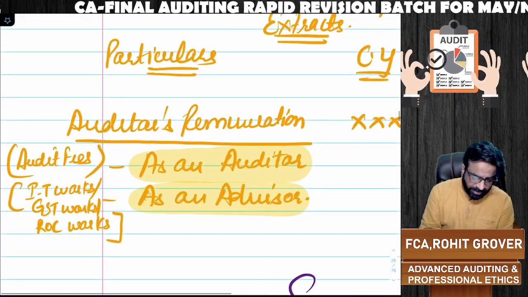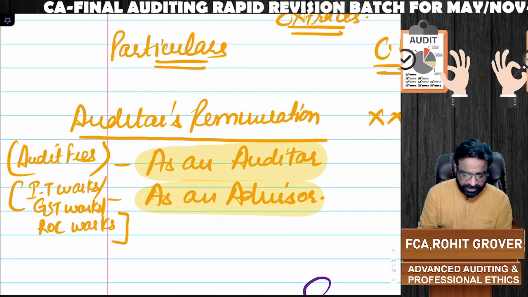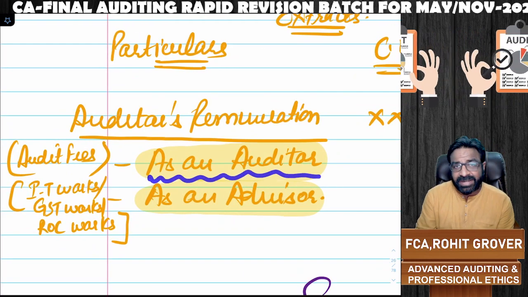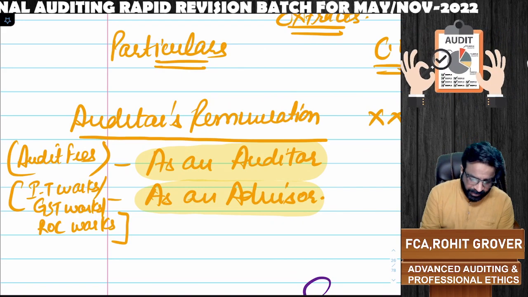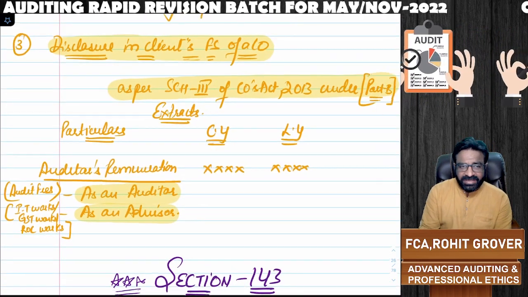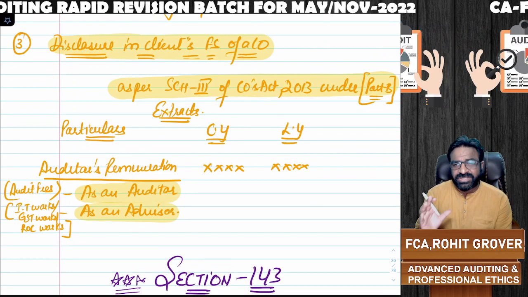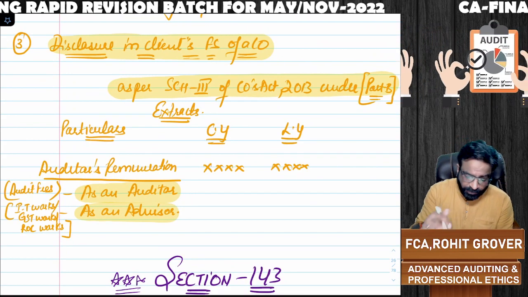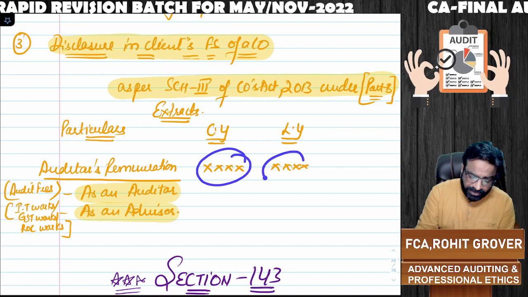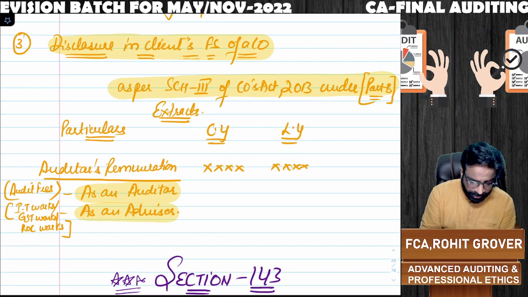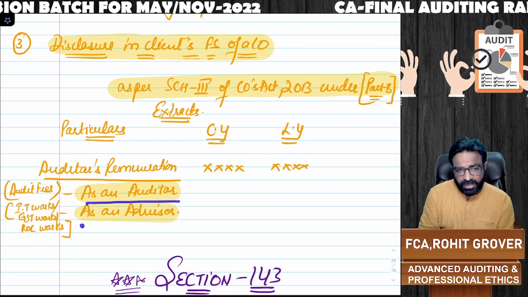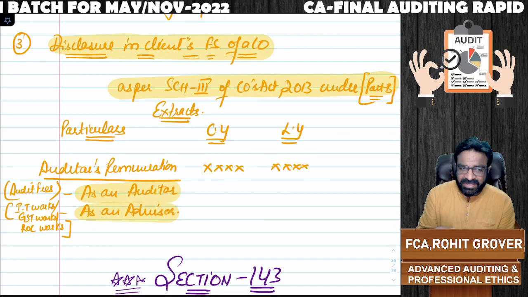Under auditor's remuneration, you will find two subheadings: how much remuneration he collected as an auditor and how much he collected as an advisor. Remember one thing, advisory fees and audit fees shall not be clubbed together. They will be clubbed together as a total, but shall be shown separately under the subheadings: how much money he has received as an auditor and how much as an advisor.